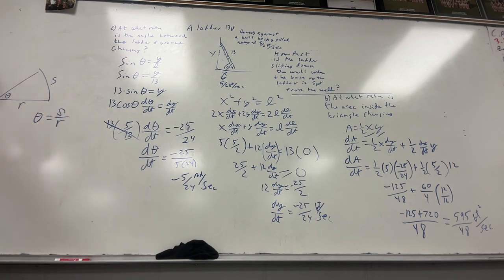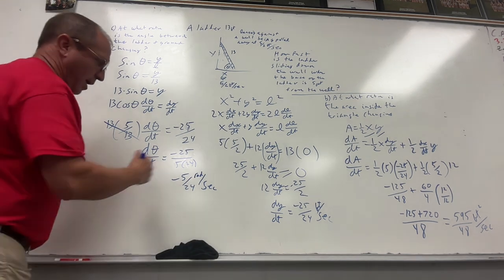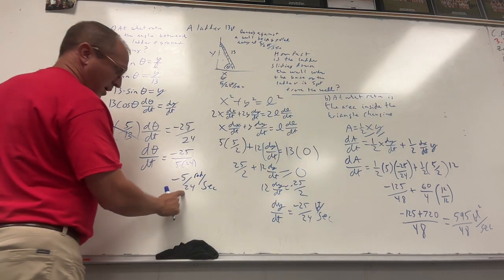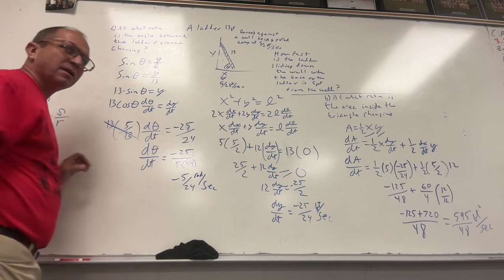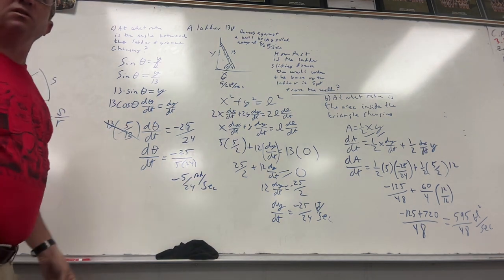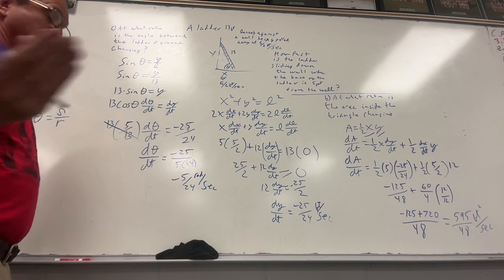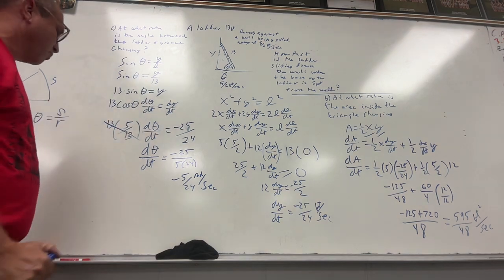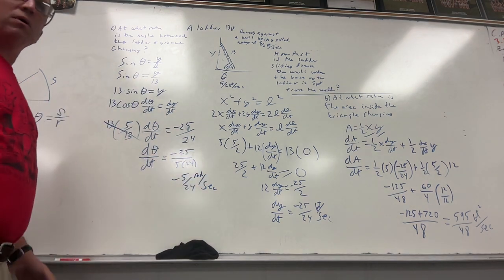Whatever that ratio is, that's how many radians that angle is. Now, if you think about this, if this is in terms of meters and this is in terms of meters, meters would cancel out, right? So you just have whatever that ratio number is. Now, a lot of people aren't comfortable with just saying negative 5/24 per second, so they like putting radians per second in, but either notation is fine. You can say negative 5/24 per second or negative 5/24 radians per second. Either one works out fine.